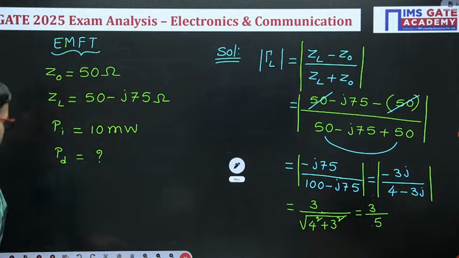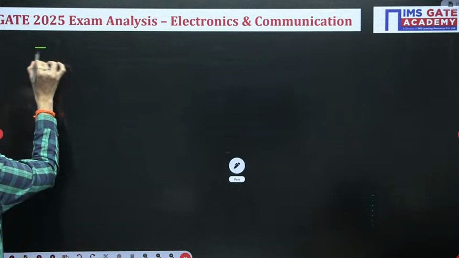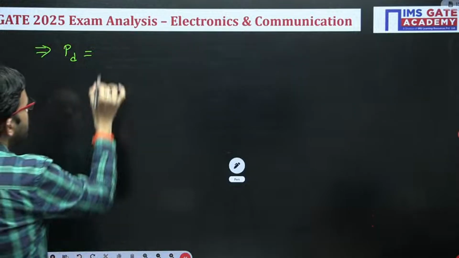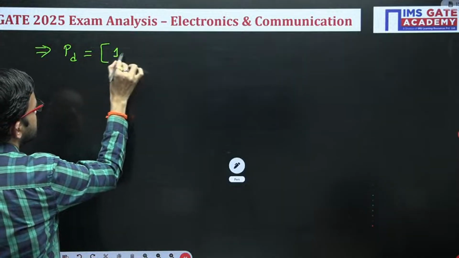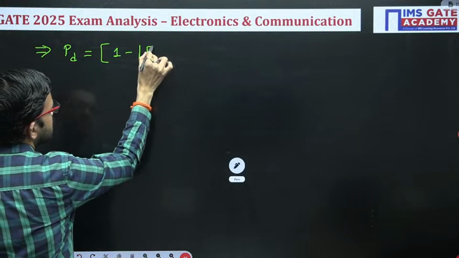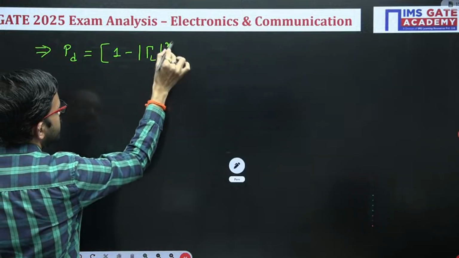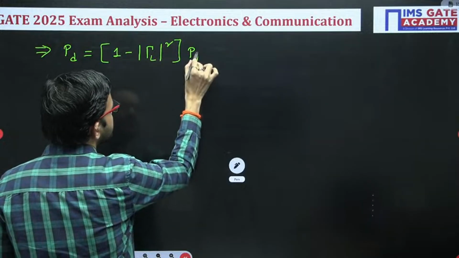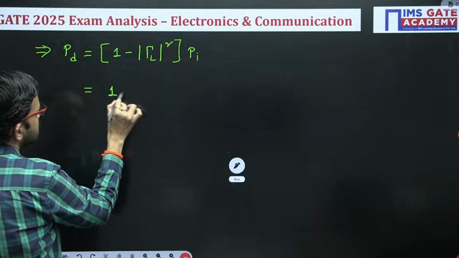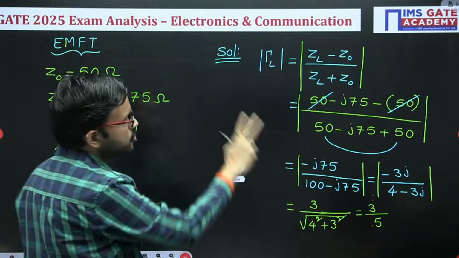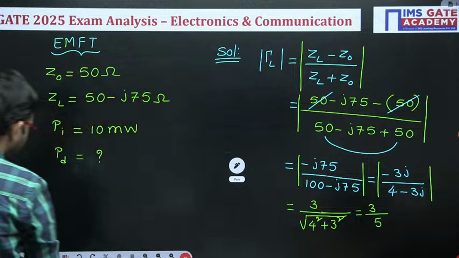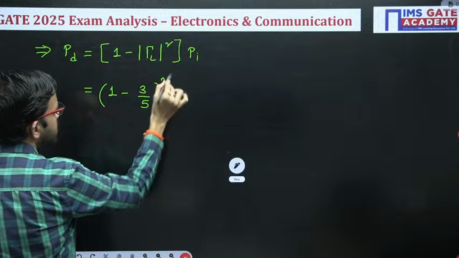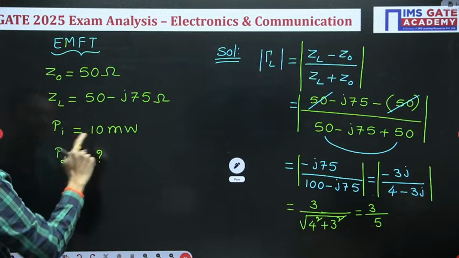Now we have to calculate the delivered power. The formula is 1 minus magnitude of gamma whole square into incident power. Magnitude of gamma we got 3 by 5, substitute here, whole square into incident power, given as 10 milliwatt.